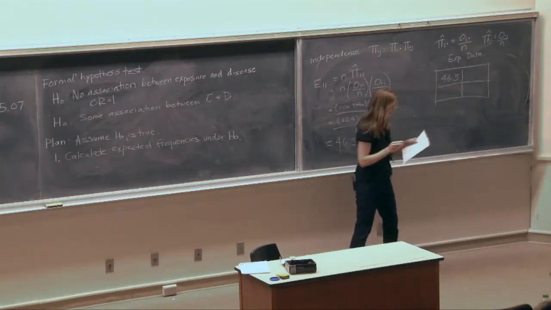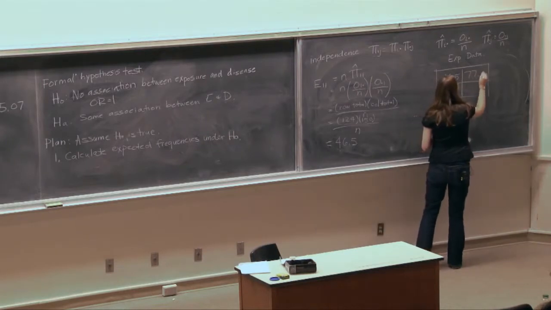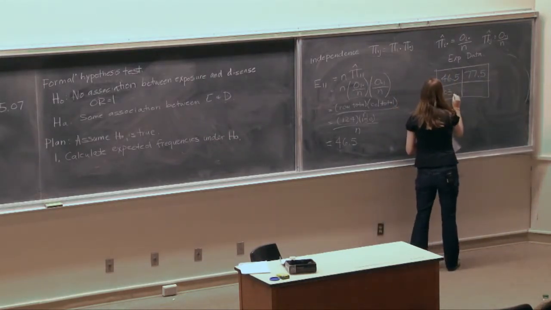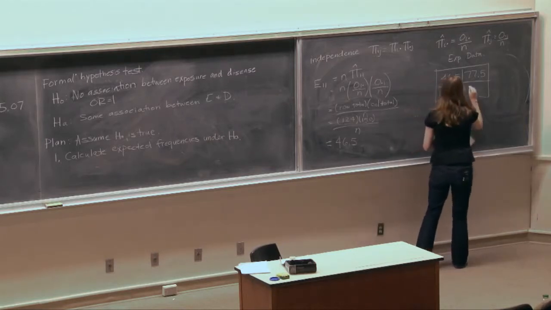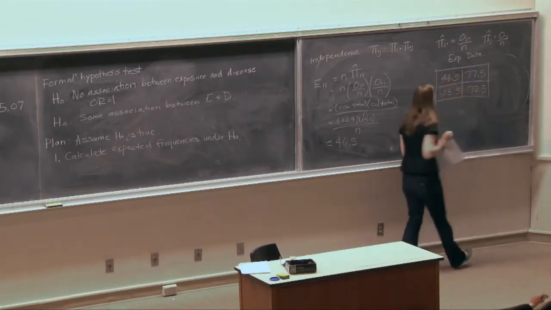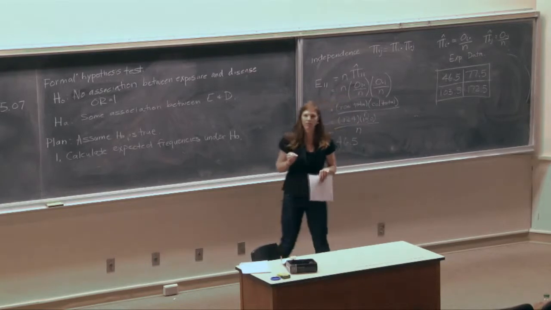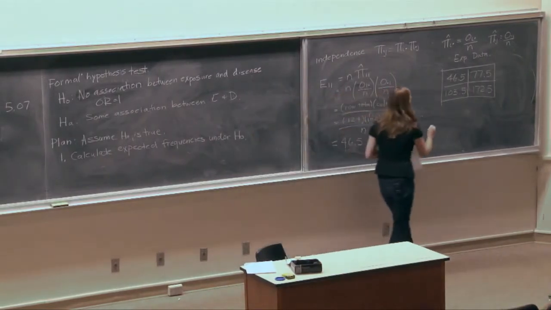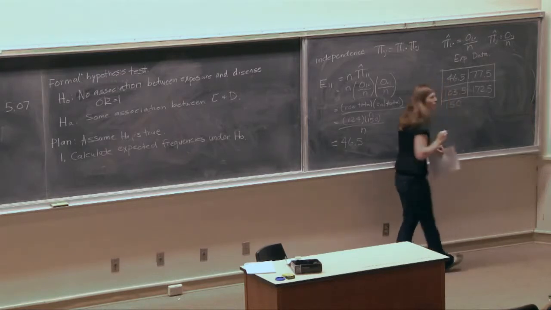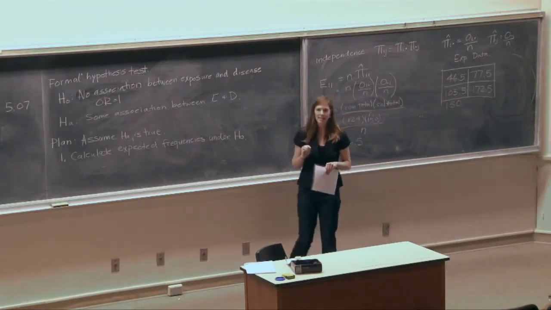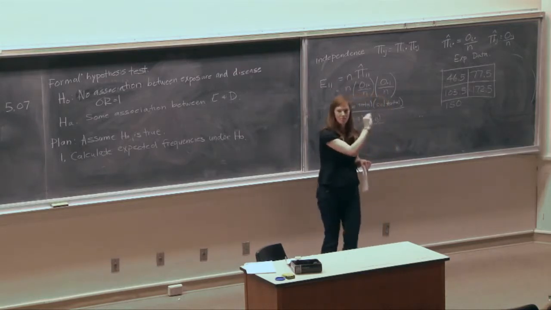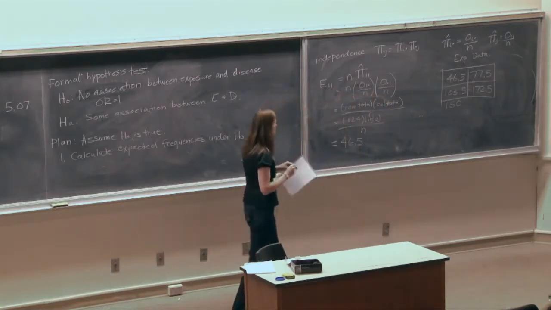That's the one we calculated. 77.5, 103.5, and 172.5. A fun little check you can do: your row and column totals need to be maintained in your expected data. So if they're not, something has gone wrong when you've done your expected data.